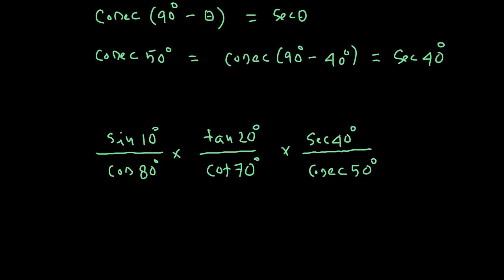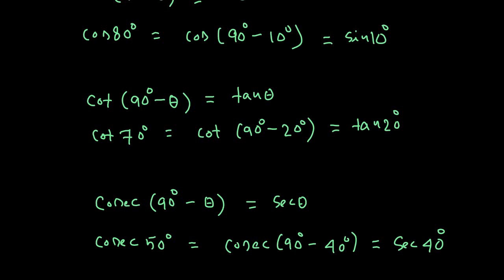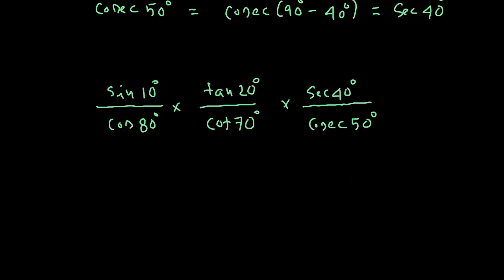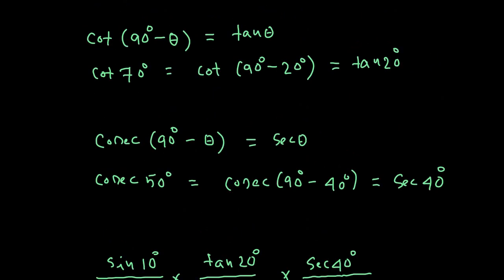But we got the value of cos 80 degree as sin 10 degree. So we can write sin 10 degree by sin 10 degree times, we have the value of cot 70 degree, which is tan 20 degree.